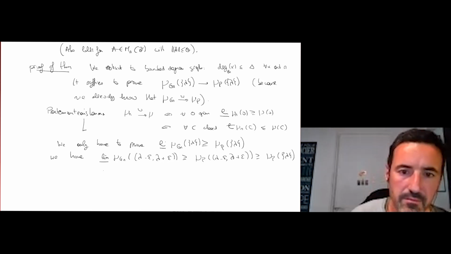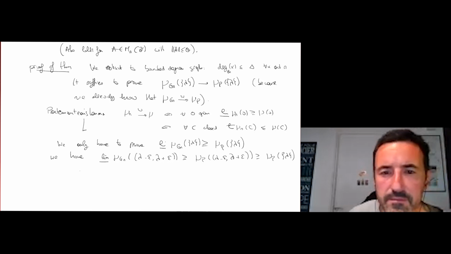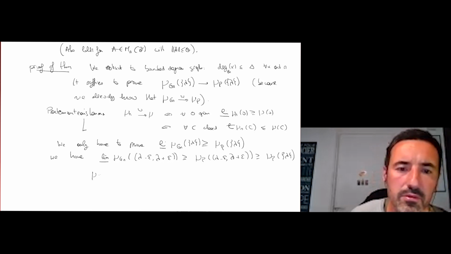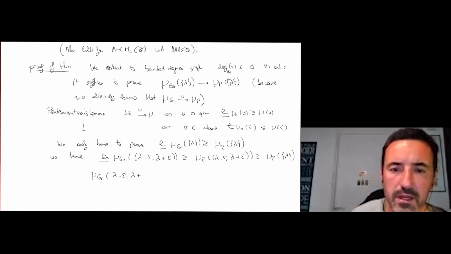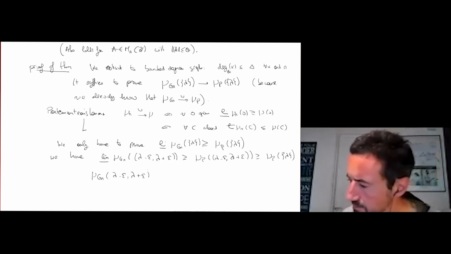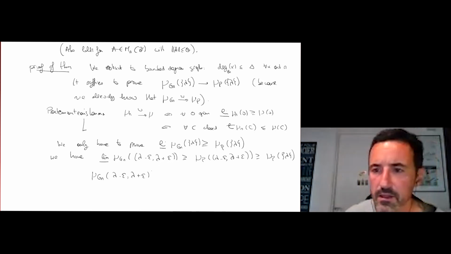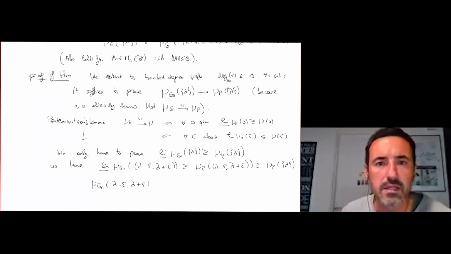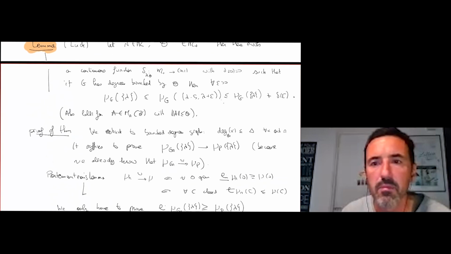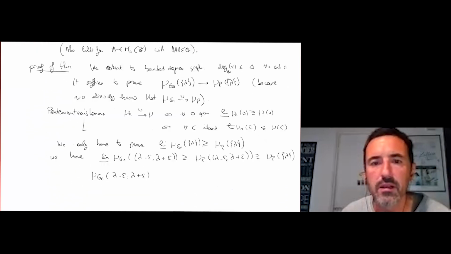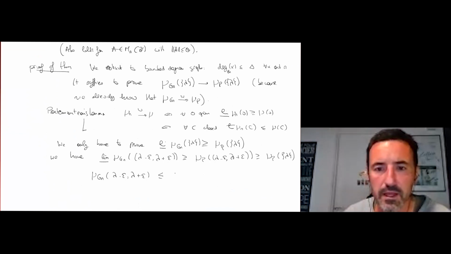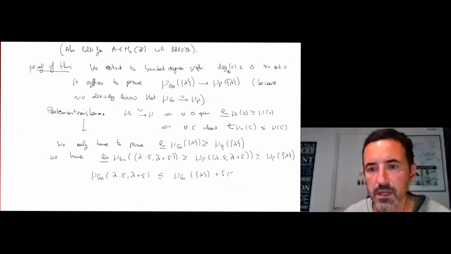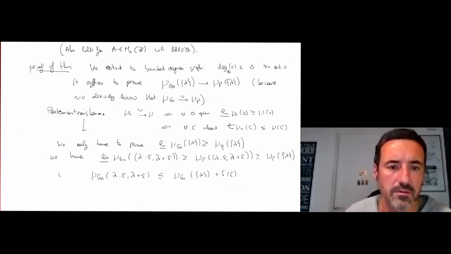Now we use the lemma. Mu g_n of (lambda minus epsilon, lambda plus epsilon), what Luc's lemma is saying, is bounded by mu of g_n of lambda plus delta of epsilon.